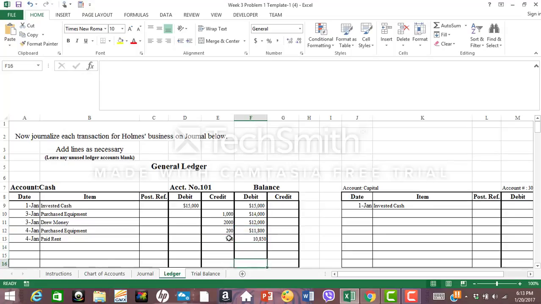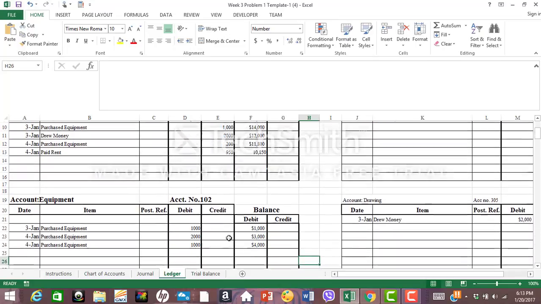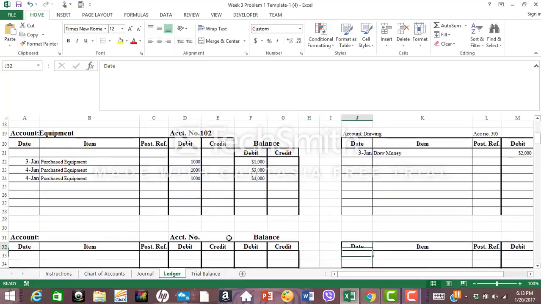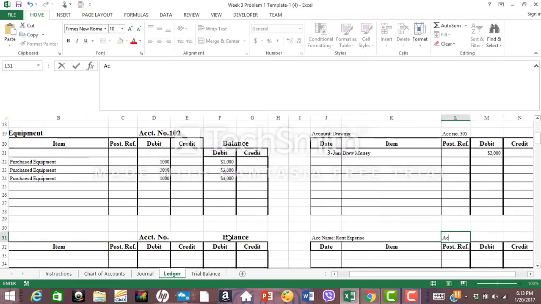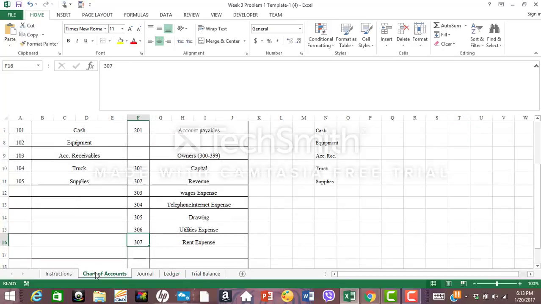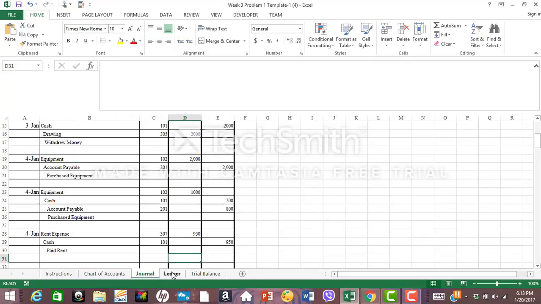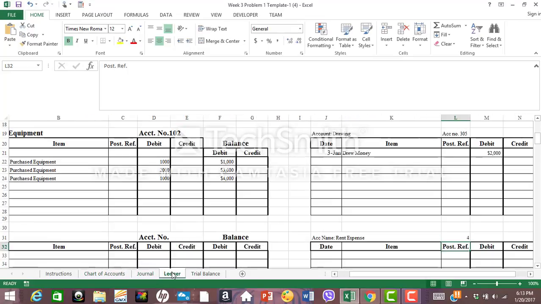So it's 10,850, and then we add another account here. Account name is rent expense, and account number, it is 307, right? 307? Yes. Okay.